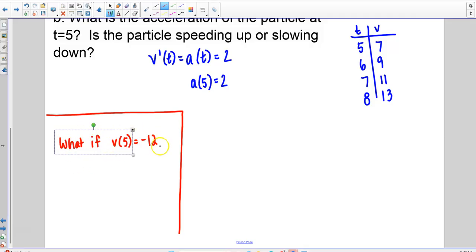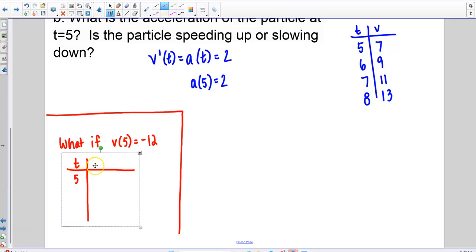So if t is 5, velocity is negative 12. Well, then at t equals 6, what would the velocity be? Assume acceleration is still 2. It'd be negative 10. And then at 7, it'd be negative 8. And at 8, it would be negative 6.